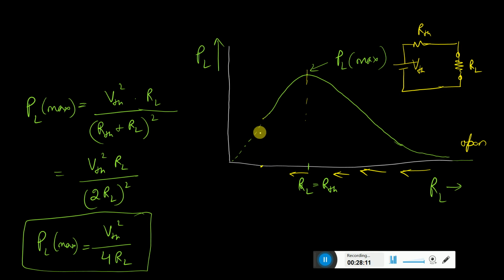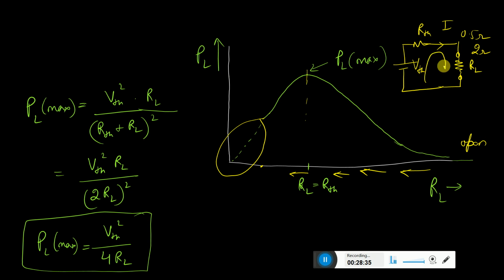Why did I make this a dotted line over here? The dotted line means you cannot decrease the value of RL beyond a certain limit. Suppose you make this RL 2 ohm and again decrease it to 0.5 ohm. If you go on decreasing, it may happen that the current will exceed the rated value.